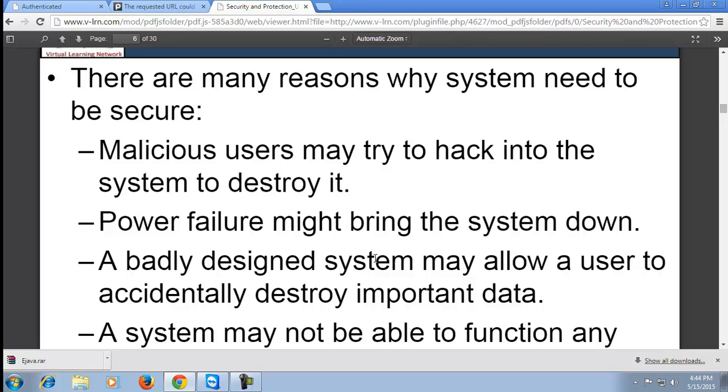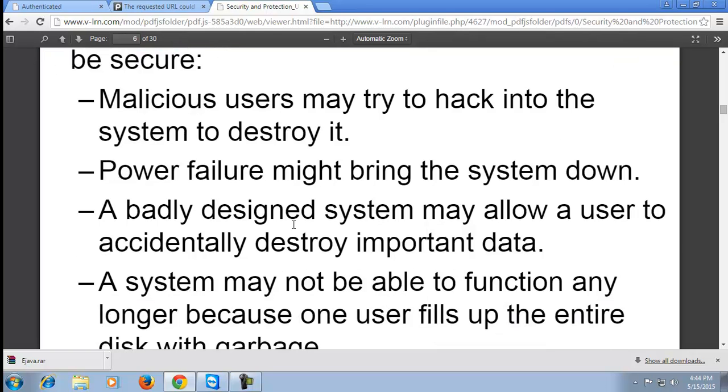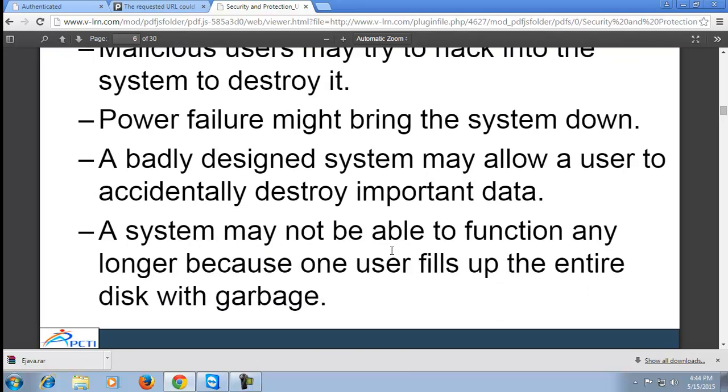Next, a badly designed system may allow a user to accidentally destroy important data. This is also a kind of problem that we have to face, with some kind of loss. Next, a system may not be able to function any longer because one user fills up the entire disk with garbage data. This is a major problem in day-to-day life.